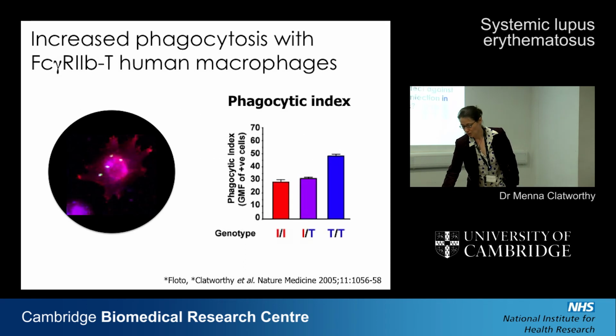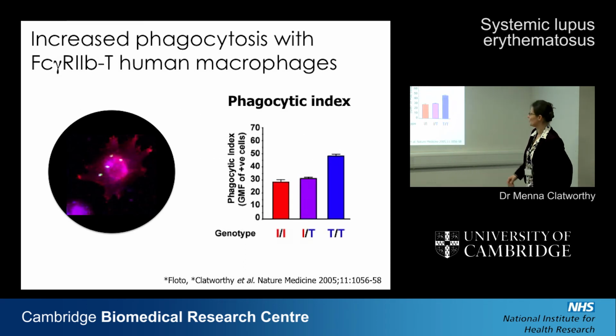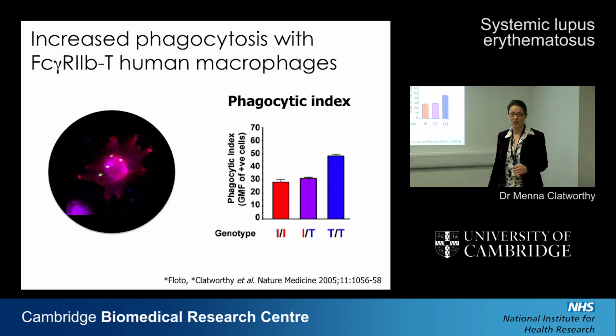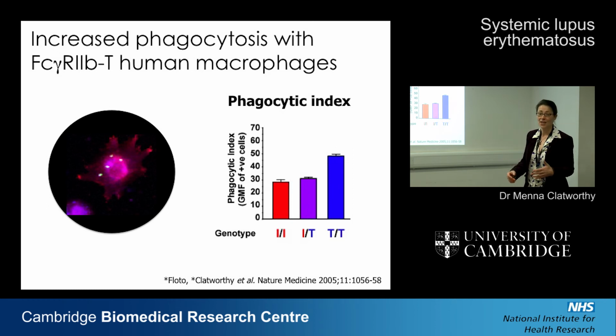So what about in humans? Well, one of the cool things we have here in Cambridge is called the Cambridge BioResource, where we're able to recall healthy individuals based on their genotype. They've all come to give blood and have agreed to be part of this. So an investigator goes and says, well, I think I have a polymorphism that's important, I'd like to get some cells and look at them.